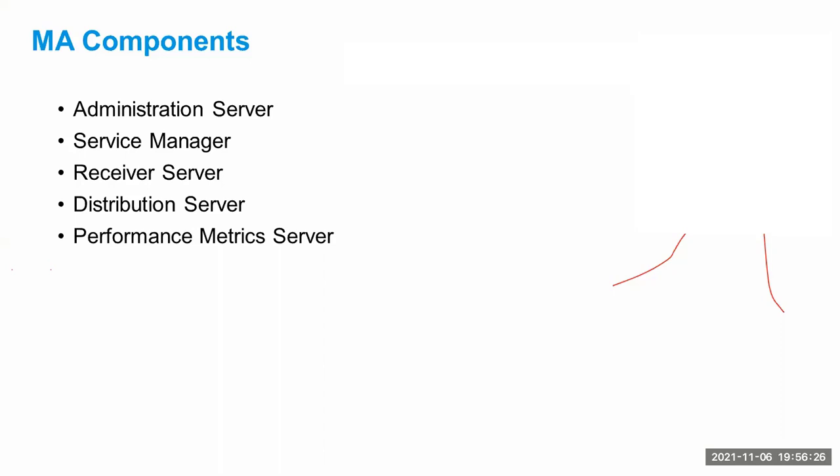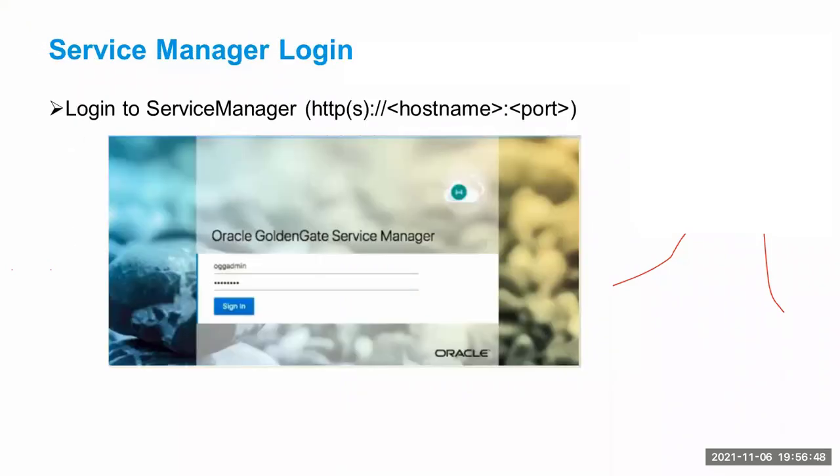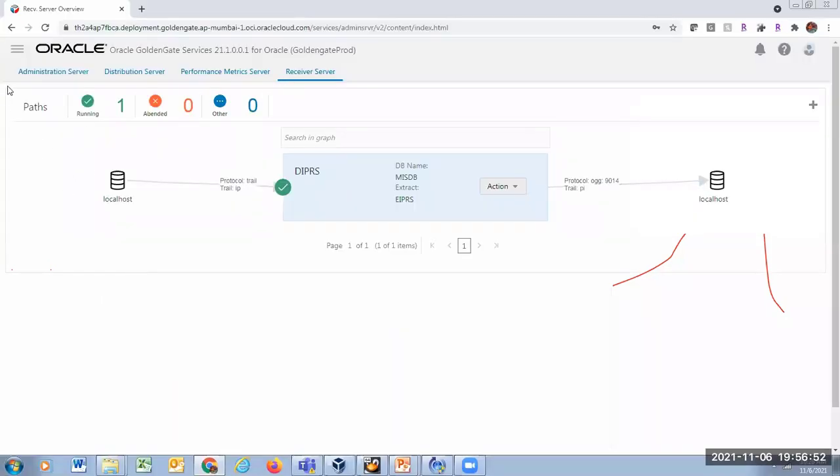Admin server is used to administer the Oracle GoldenGate environment. This is where you troubleshoot issues and configure GoldenGate processes. Distribution server distributes the data. Receiver server receives the data. Performance metric server allows you to manage the performance metrics of the Oracle GoldenGate environment. So this is how your environment looks. This is what I showed you.